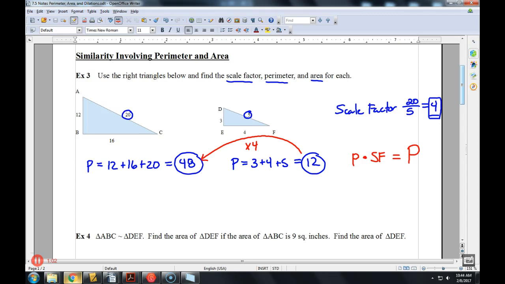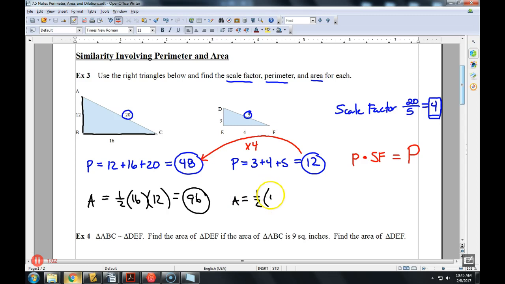Now area is going to be a little different story. The area of the big triangle is 1/2 base times height. The base is 16, the height is 12, so 1/2 of 16 times 12. Half of 16 is 8, and 8 times 12 is 96. Now the area for the small triangle is 1/2 base times height, which is half of 12, which is only 6.